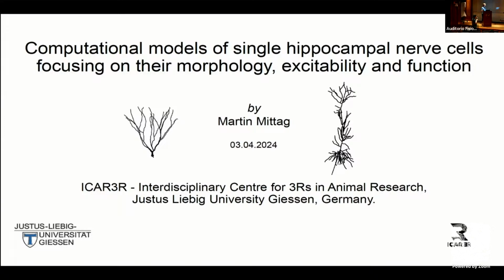So it's nice to have this kind of talk, how to model cells and how to try to understand from a computational point of view how neurons fire and how the morphology and how everything connects. So thanks a lot, Martin, for being here, and we are happy to listen to you.